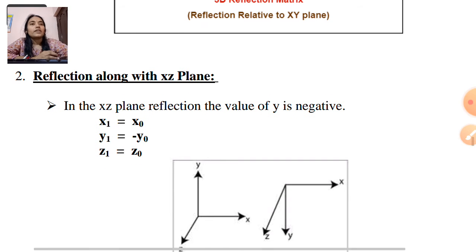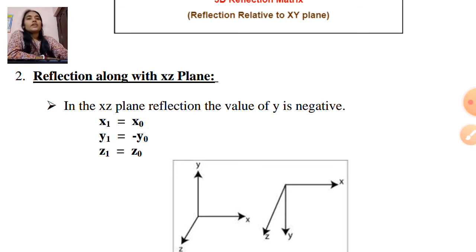Next, the next category is reflection along with the xz plane. In the xz plane reflection, the value of y is negative. The x-axis is constant and the z-axis is also constant, but the y-axis is negative.